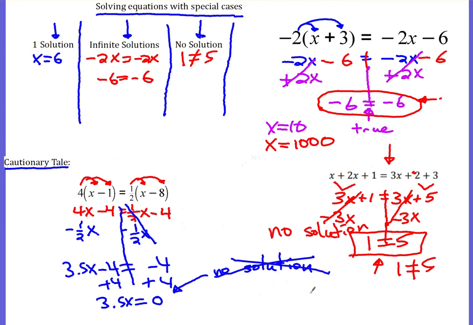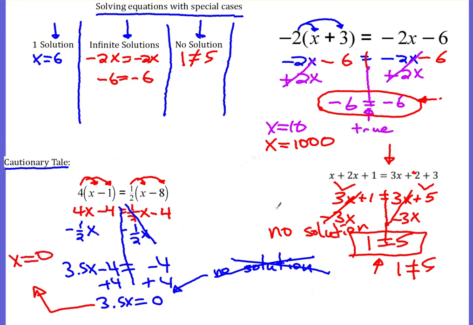Not true. Instead, you could tackle this 2 different ways. First way, you could say, well, 3.5 times a number equals 0. Doesn't any number times 0 equal 0? So from there, logically, I could make the statement x equals 0.